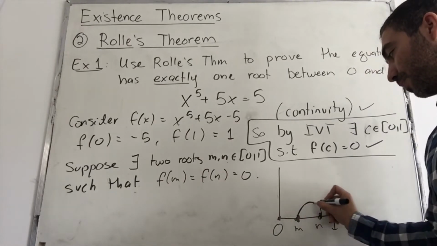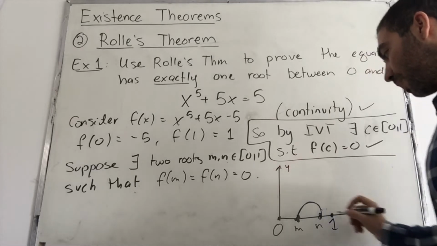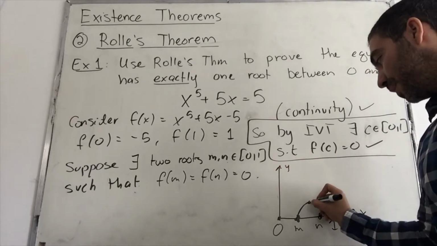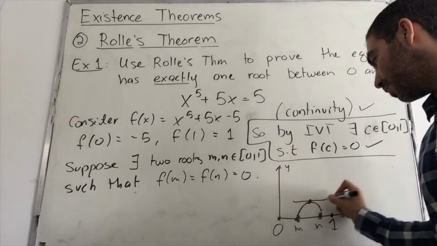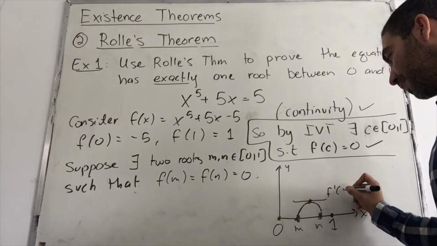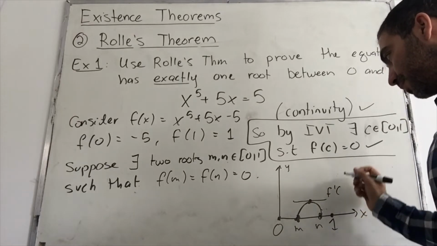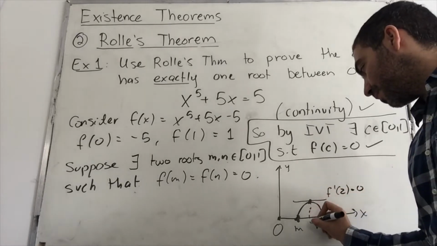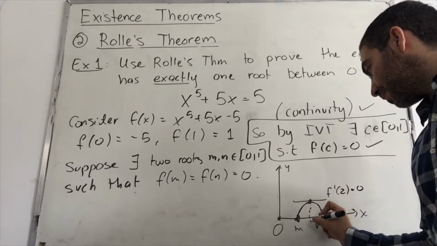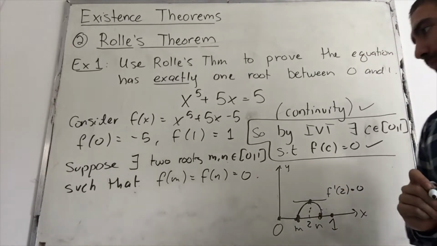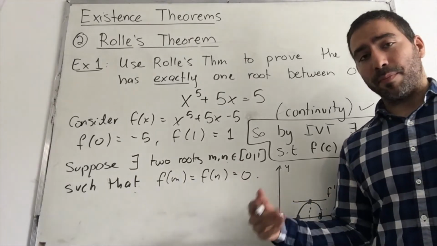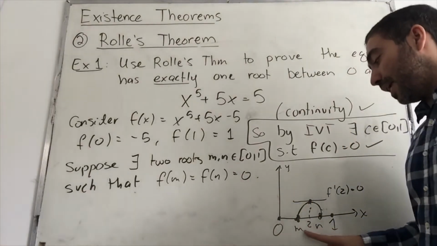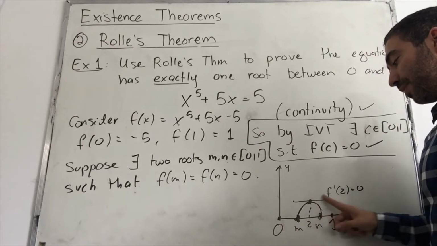If the function passes through both these points, there's going to be a point in between them where its derivative, at some value, let's call it z, equals 0. So by Rolle's theorem, there exists a z in between the two values where its derivative is equal to 0.